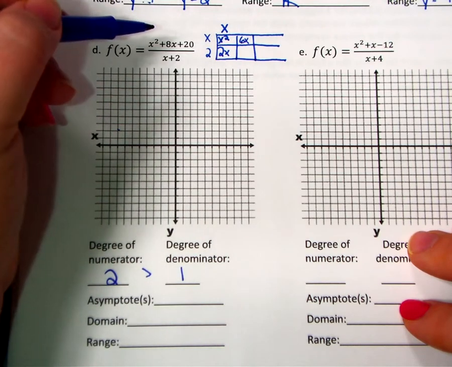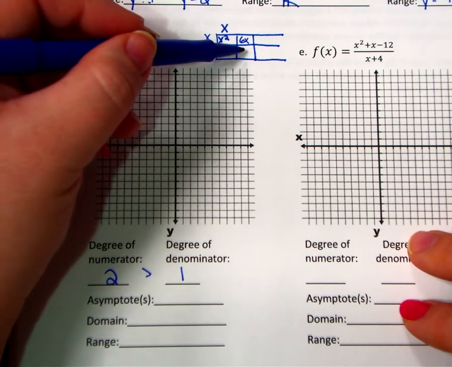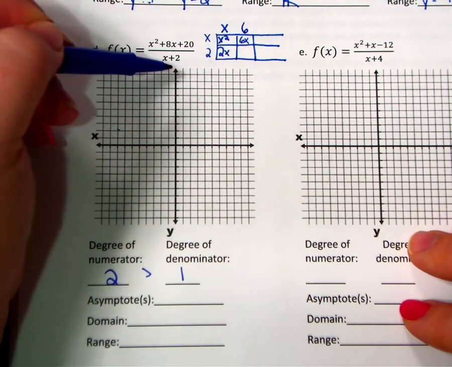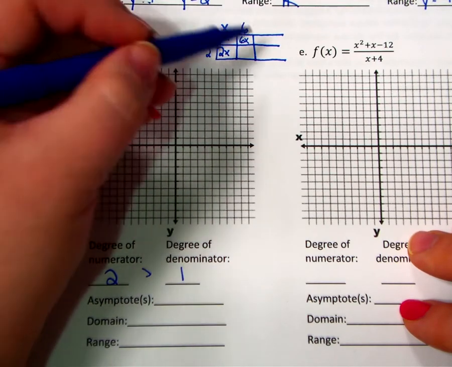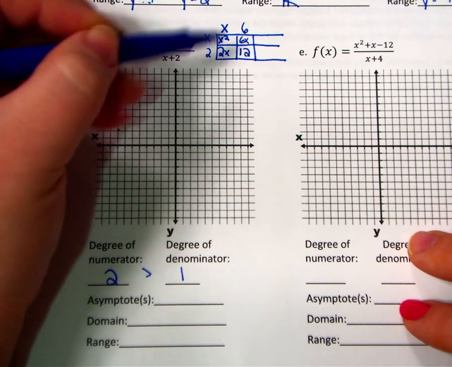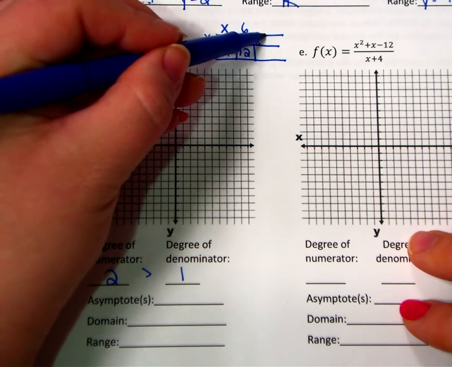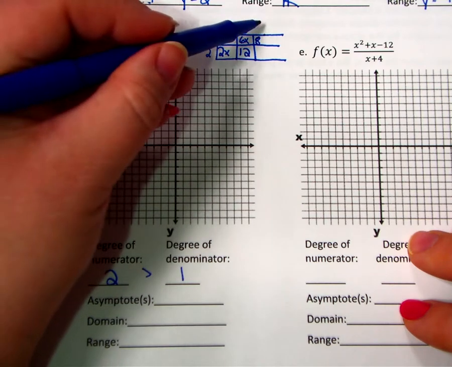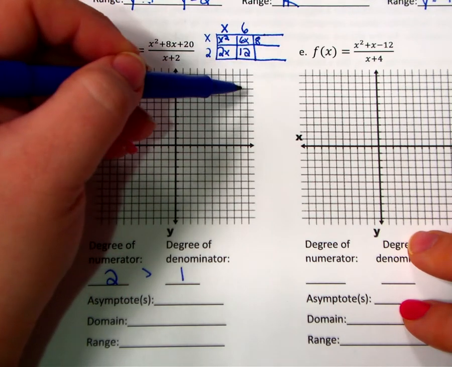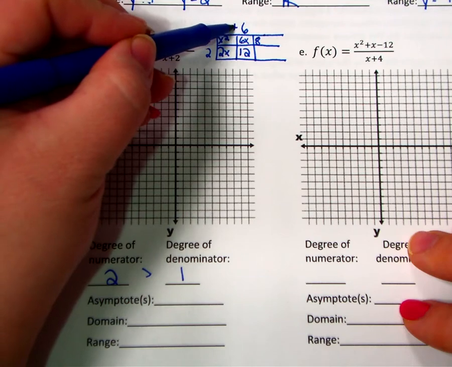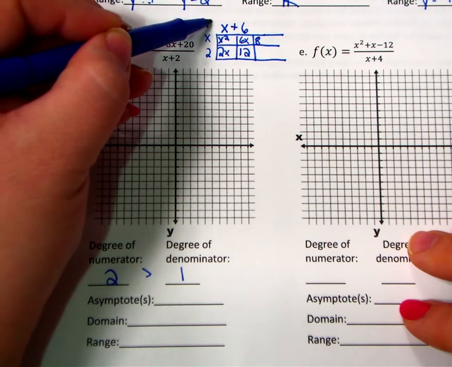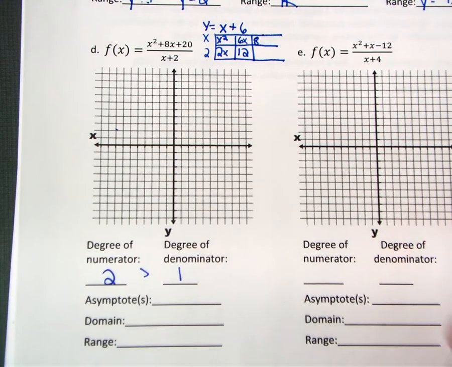X times what is 6x? 6. 6 times 2 is 12. 12 plus what is 20? X times what is 8? That doesn't really work. So that's our remainder. Remember, we get to ignore our remainder. So y equals x plus 6 is our oblique asymptote.